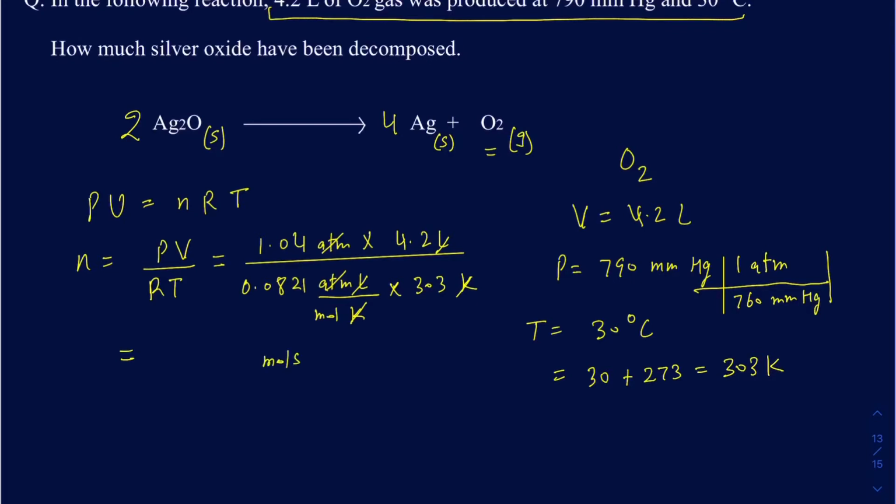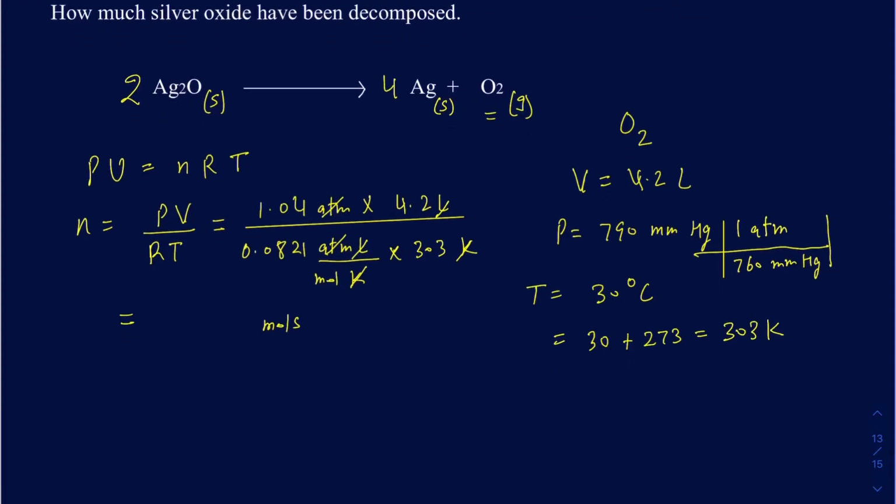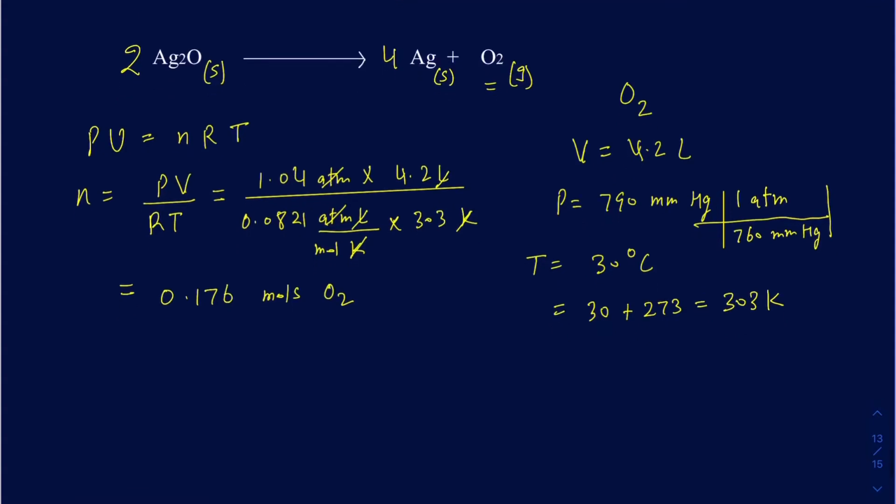Okay, so when I do this math, I got 1.04 times 4.2 and divide that by 0.0821 times 303. That gives you 0.176 moles of O2. So if I know the moles of O2, I should be able to figure out the moles of Ag2O used in this particular reaction. So set up a stoichiometry relation here.